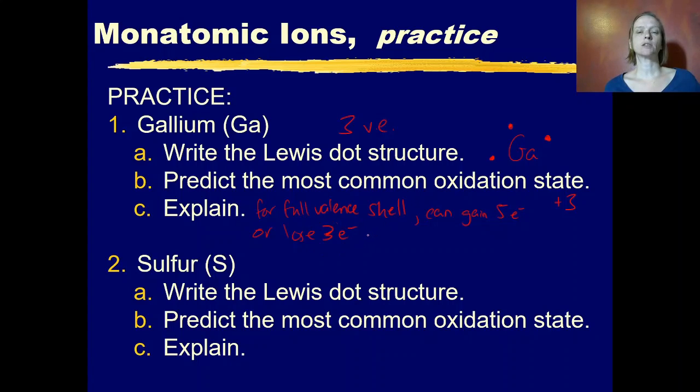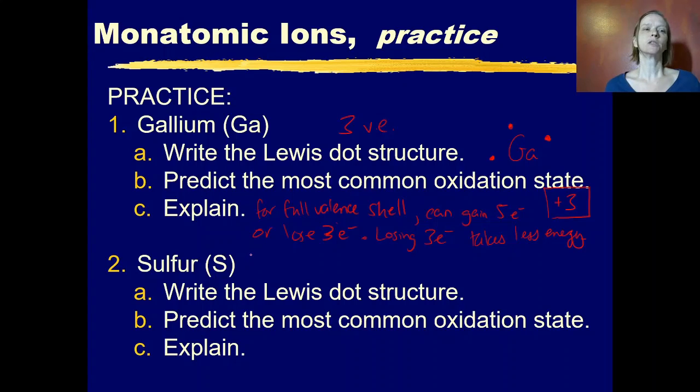Losing 3 electrons takes less energy. Okay, so there is a pattern on the periodic table, but you should still be able to explain why elements in a particular group end up with ions with a particular charge.